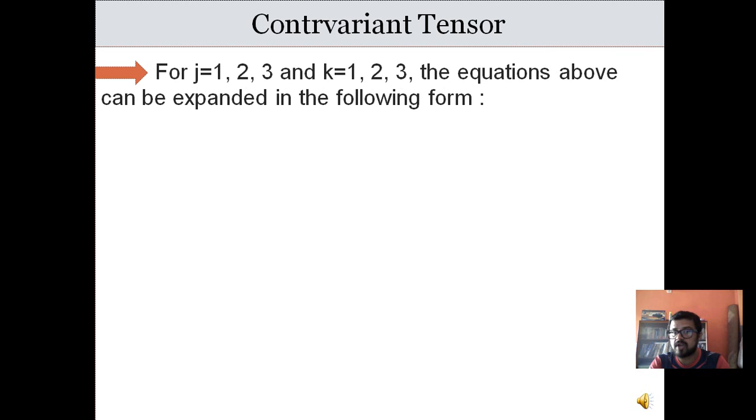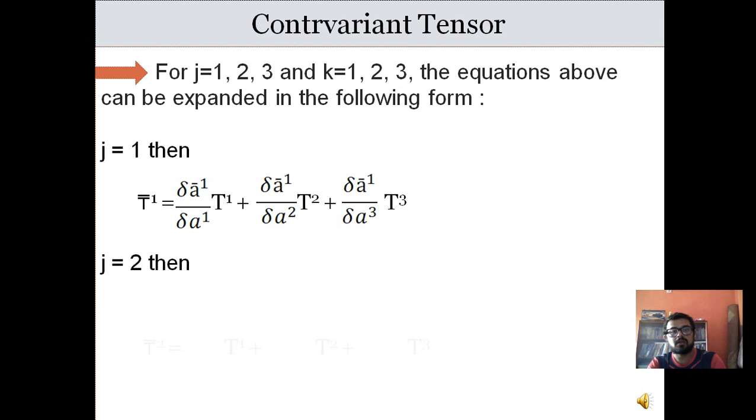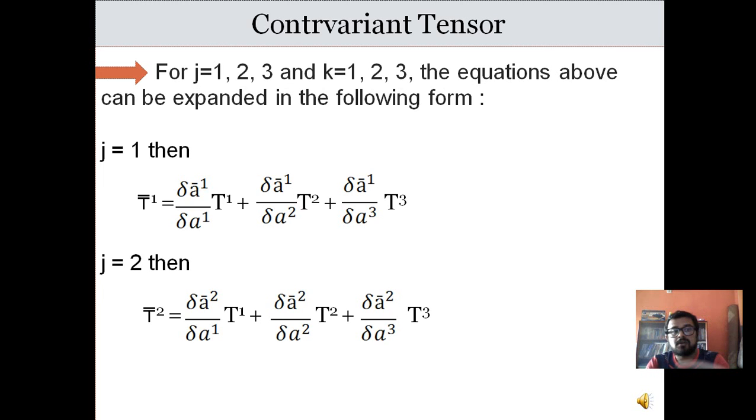For j is equal to 1 to 3 and k is equal to 1 to 3, the equation above can be expanded in the following form. When j is equal to 1, our equation will be t bar 1 is equal to delta a bar 1 upon delta a1 t1 plus delta a bar 1 upon delta a2 t2 plus delta a bar 1 upon delta a3 t3.